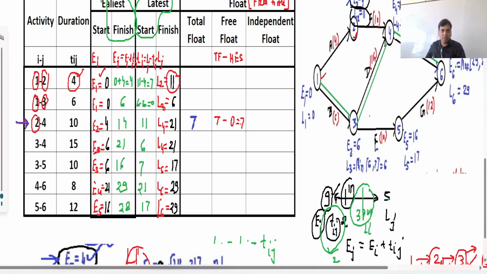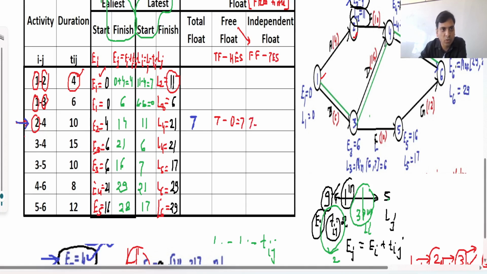In the same way, to find independent float, we will subtract the tail event slack from this free float. So the formula is free float minus tail event slack. For this activity, free float is 7.